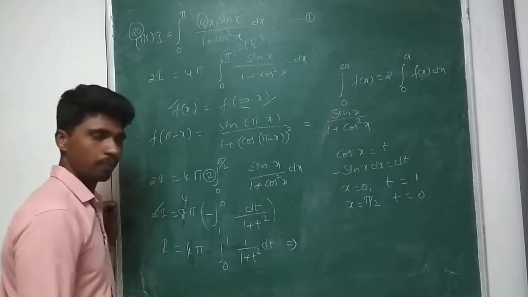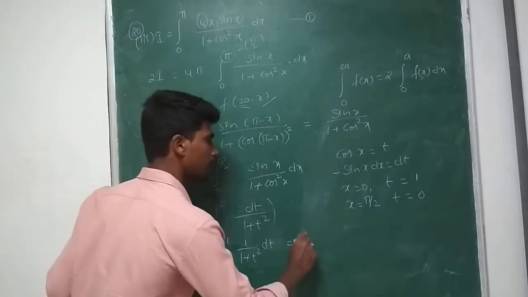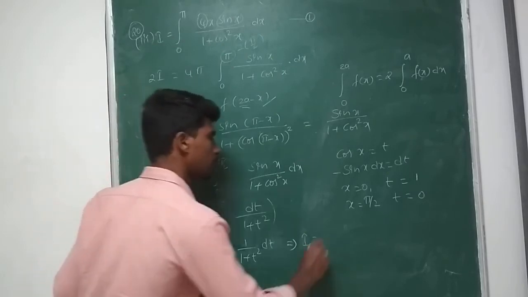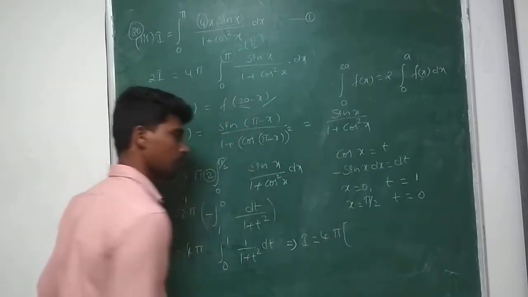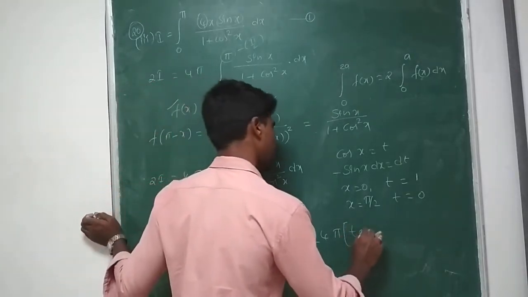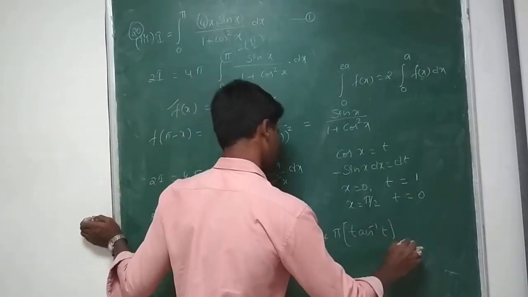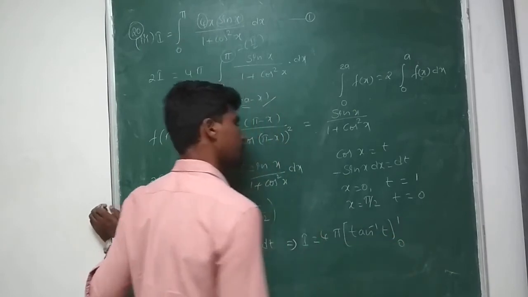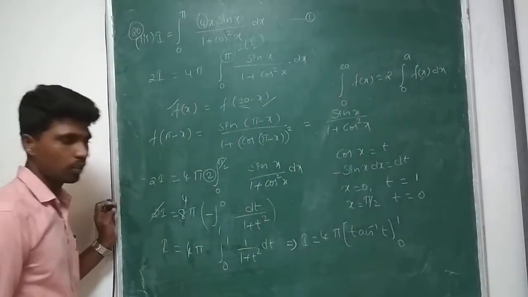Which is equal to 4 pi into tan inverse of t, from 0 to 1.